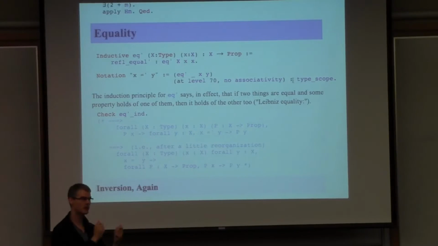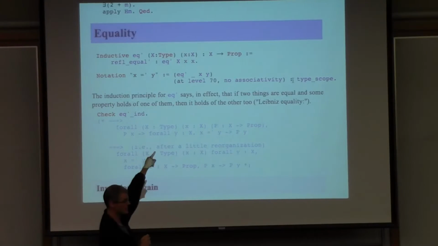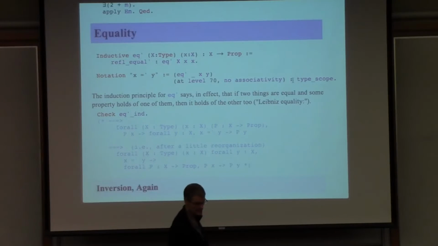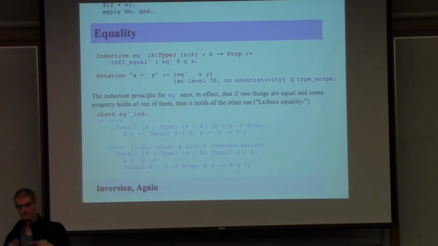So it's a parameterized family. So the first two parameters are uniform, and the last parameter is a so-called non-uniform one. What do I mean by non-uniform parameter? It's the thing that varies in, for example, a GADT, a generalized abstract data type.